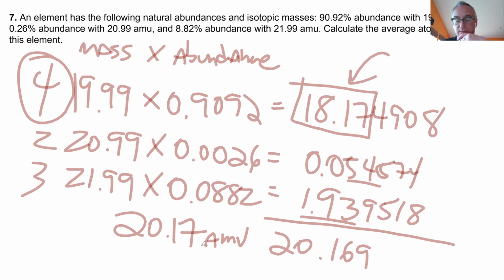Where did you get the 4, 2, and 3? Is that how many significant digits? So there are 4 significant digits in the abundance for the first isotope, only 2 for the second one, and 3 for the third one. But since we're adding, it's different than when we're multiplying. When we're multiplying, whoever has the fewest significant digits, that's what you're stuck with.